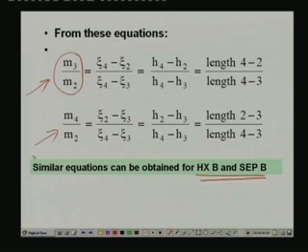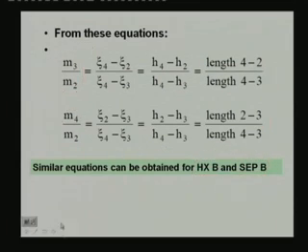This is the ratio of the mass of saturated liquid to the total mass in separator A, and similarly this is the ratio of saturated vapor to the total mass in separator B, and ultimately they can be expressed in terms of the different lengths shown in the earlier diagram. So, if you can draw the diagram, you can easily find out how much liquid and how much vapor you have, and as I said, you can write similar equations for heat exchanger B and separator B.